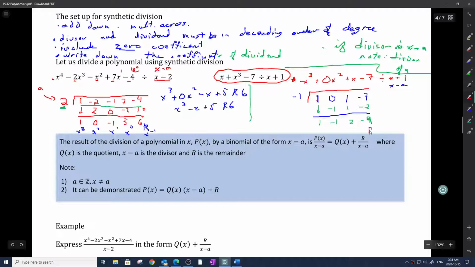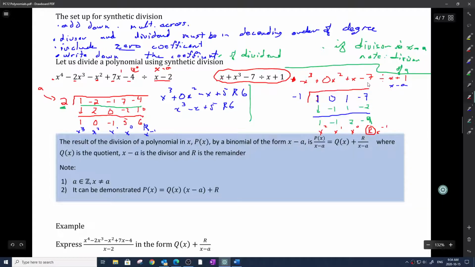This last always represents my remainder, or x to the power of -1. This represents my constant, x to the power of 0. This is x to the power of 1, and this is x to the power of 2. And it should make sense, because x plus 1 times what will give me this?